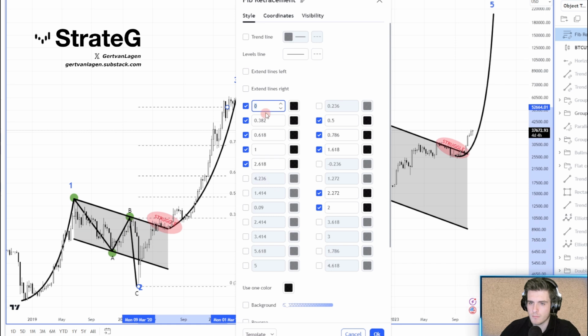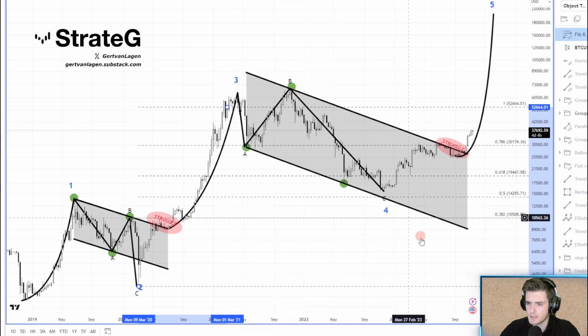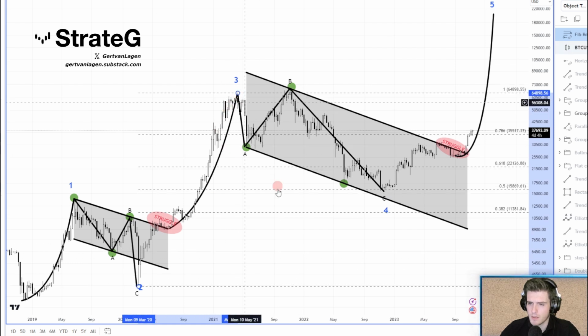And it's nice to see if we extend these lines to the right, that price, oh wait, it should be there. Price dropped exactly to the 0.5 retracement level of this second impulse upward. Okay, so we see here a strong bounce all the way around at 15k.